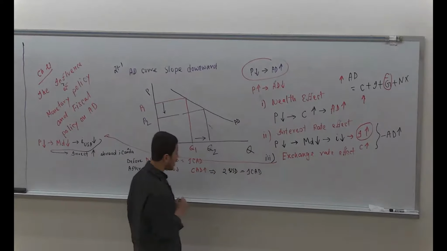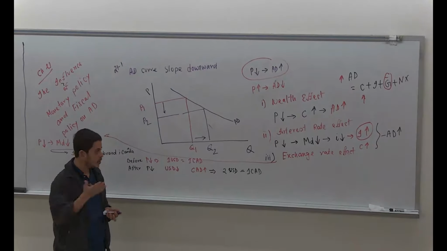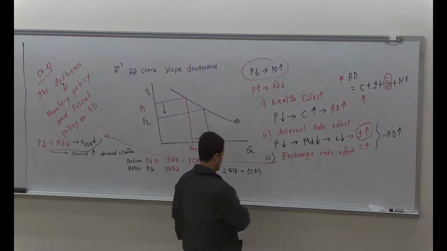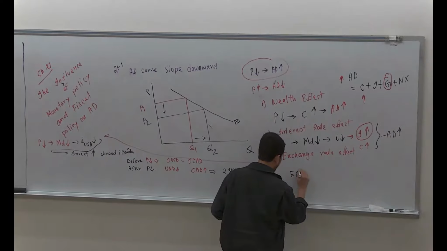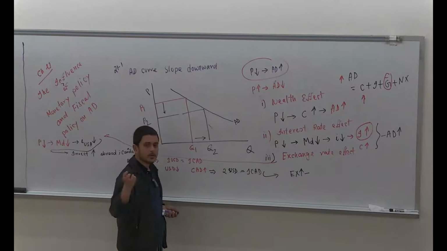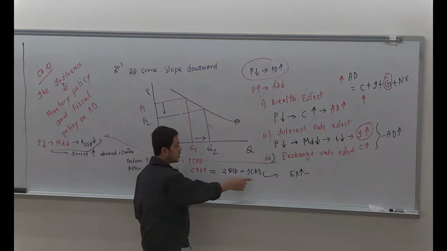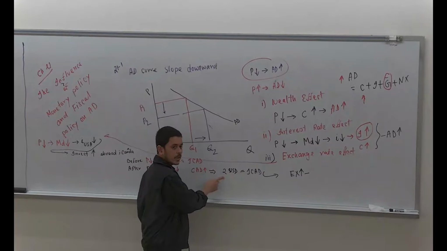And when this happens, foreigners, let's say Canadians, will find US goods cheaper, so our exports will increase. On the other hand, we'll find that Canadian goods are expensive. Why? Because in order to buy $1 of Canadian goods, now you have to spend 2 USD.